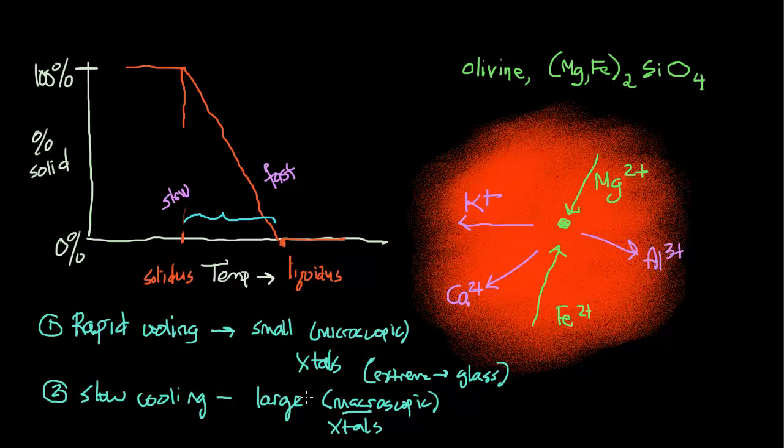Now there's one other comment that pertains to glass, however, that's very important, and that is that not all the time when we see glass, for example the rock obsidian, that doesn't necessarily mean that the liquid underwent very rapid cooling, because there's another factor at play here that controls the rate of diffusion of the ions in the liquid, and that is, I'll do it in a different color here, the water content.